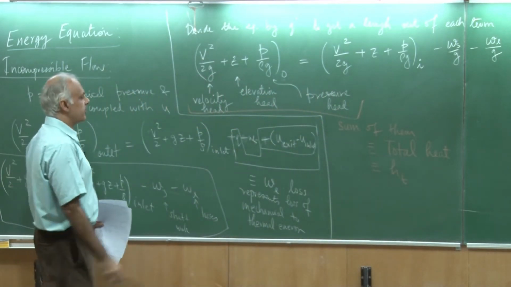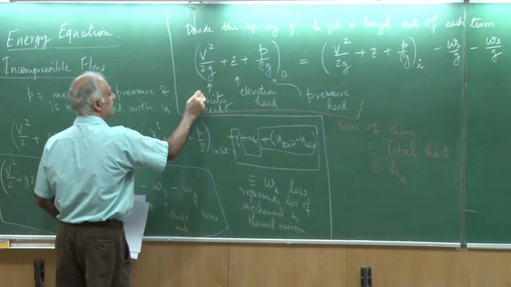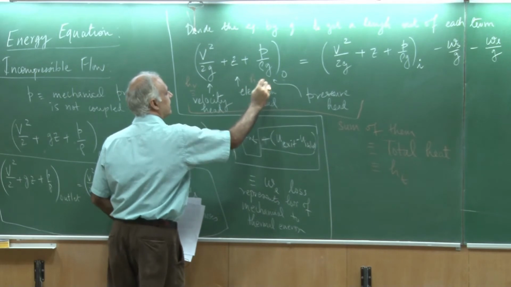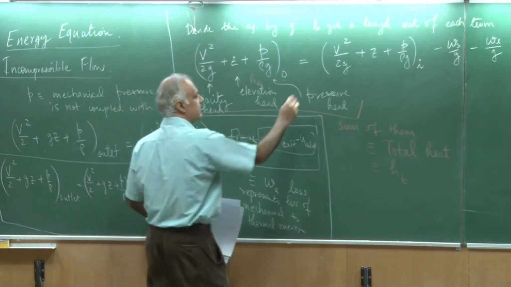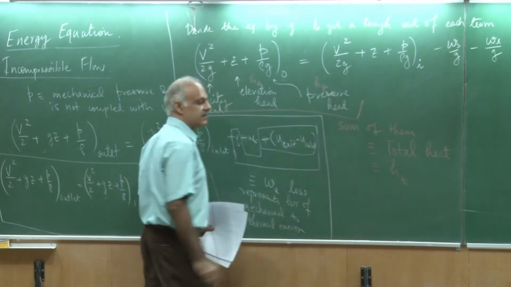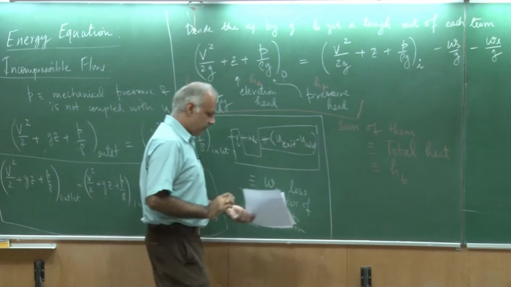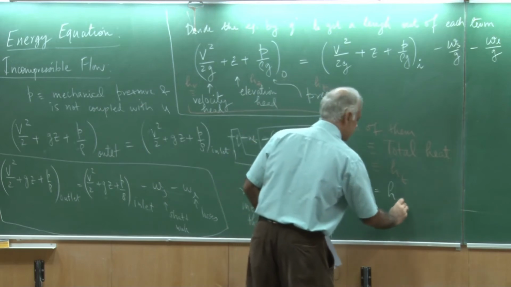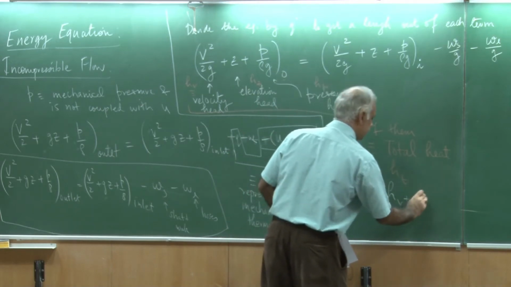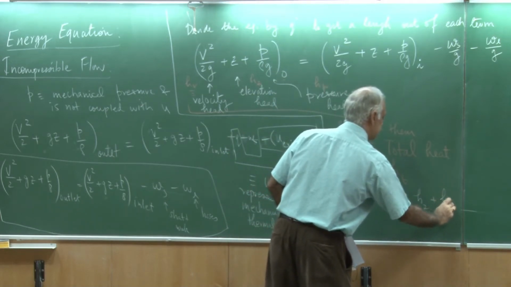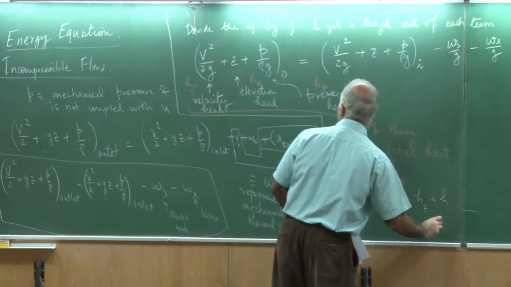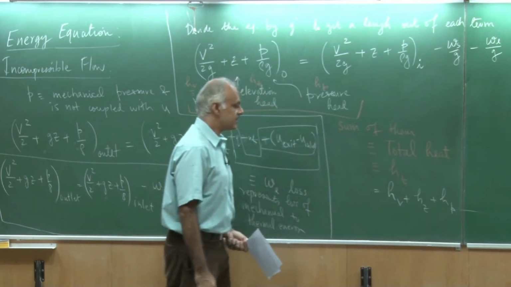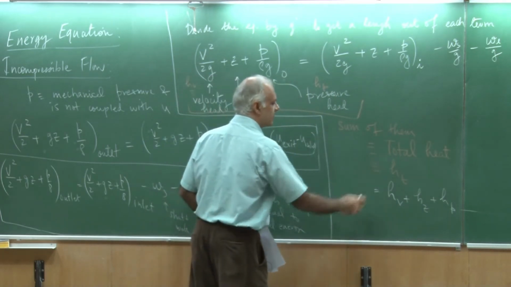So, we could refer to this as HV, this of course we could refer to as HZ, and this we could refer to as HP, the pressure head. And obviously then the total head becomes HV plus HZ plus HP. So, this is popularly referred to as the total head.